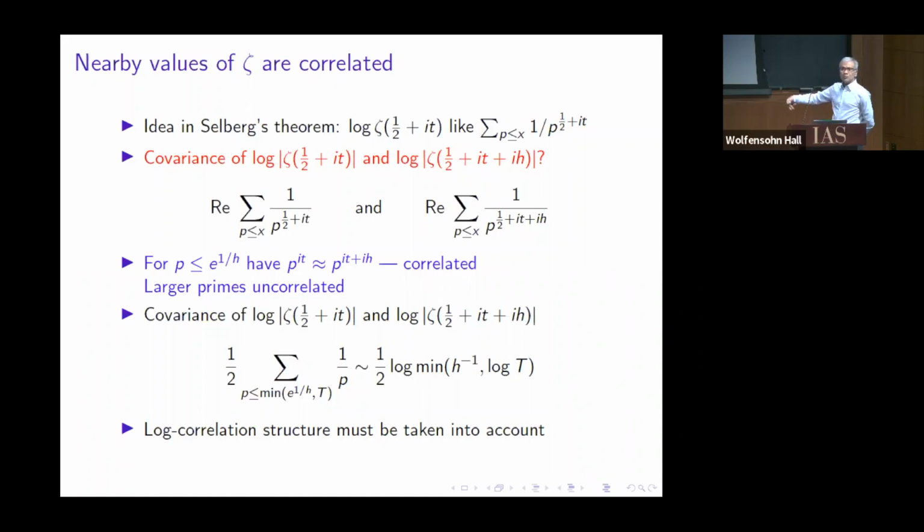And then for the large primes, they start behaving independently of each other, or are less correlated. So the nearby values of zeta are correlated, and this is their covariance. And as they move away from each other, they are more and more uncorrelated. And you have to take this correlation structure into account.